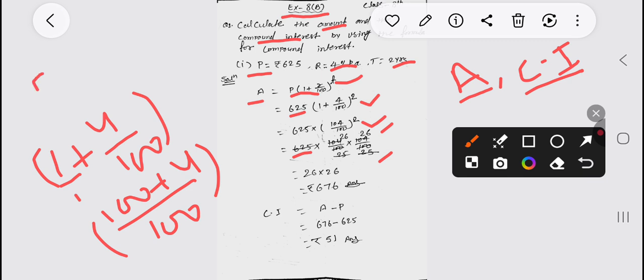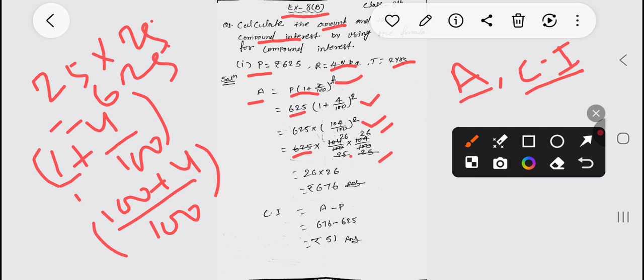So 25 into 25 will be 625, so you can cancel 25 and 25 by 625. Now we have 26 into 26, which is 676 rupees. So the amount will be 676 rupees.